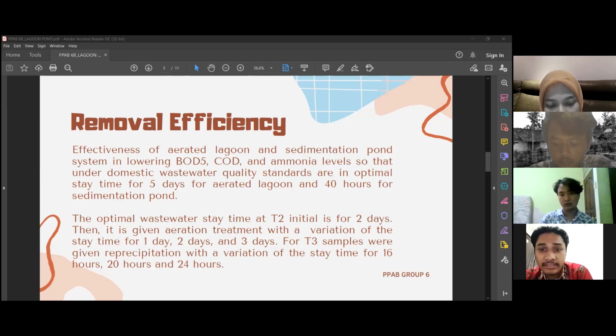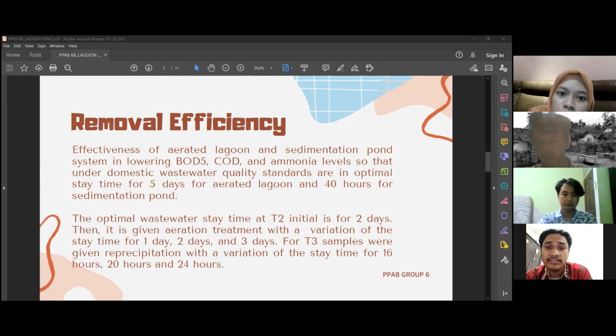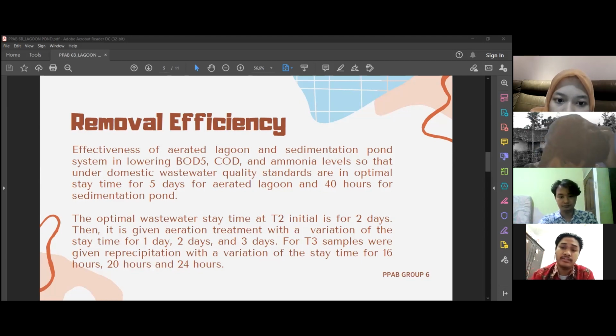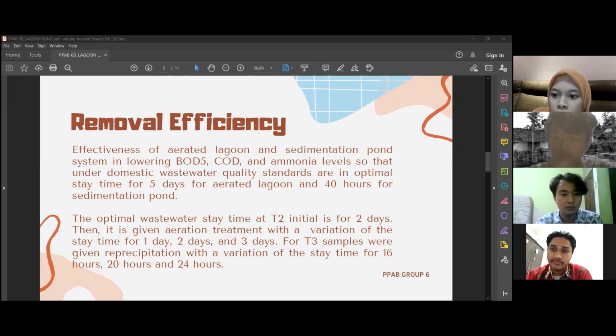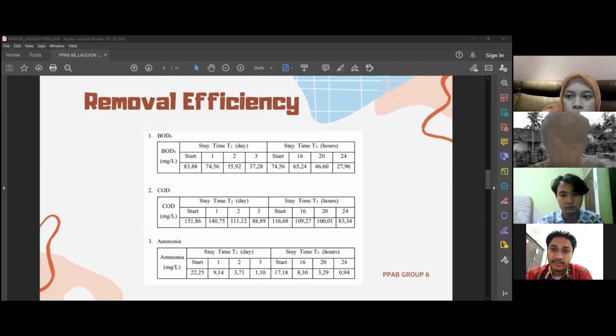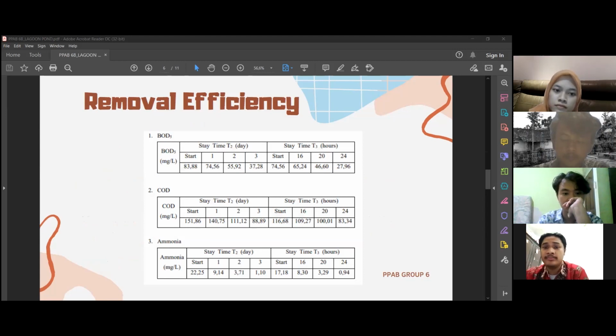Then it is given aeration treatment with a variation of the stay time of 1 day, 2 days, and 3 days. The samples were given sedimentation with a variation of the stay time of 16 hours, 20 hours, and 24 hours. And this table is a result from the journal we use.